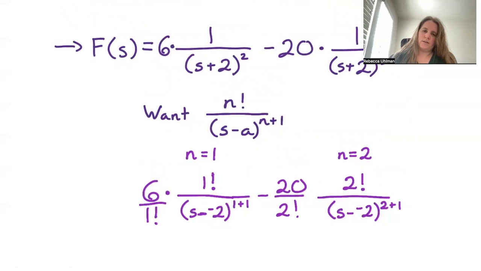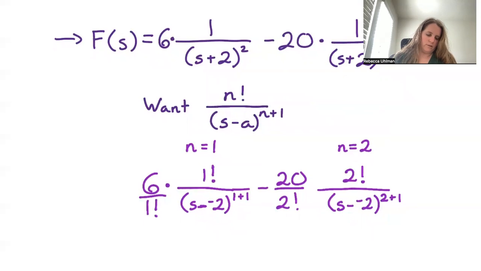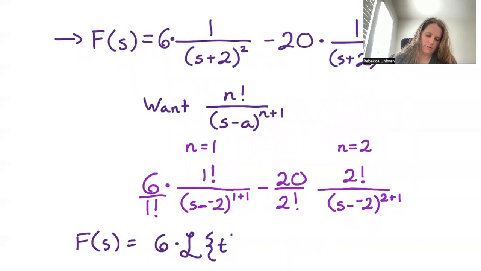At this point, we have F of s is equal to 6 times, this first one is the Laplace transform of t to the first power times e to the at, so times e to the negative 2t.